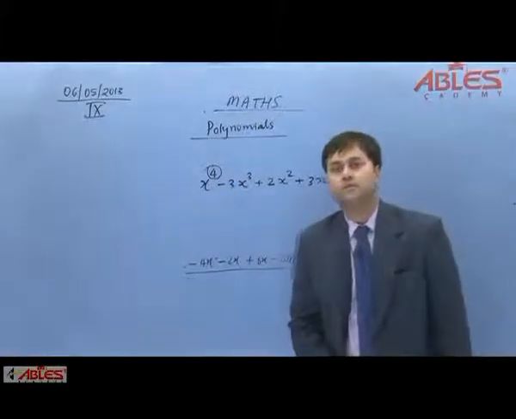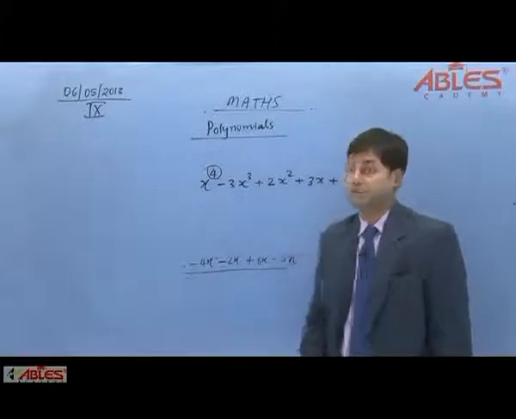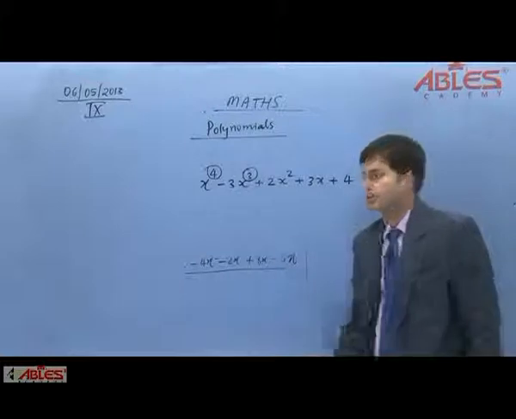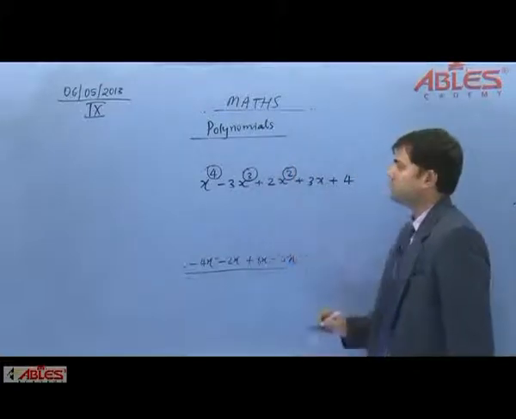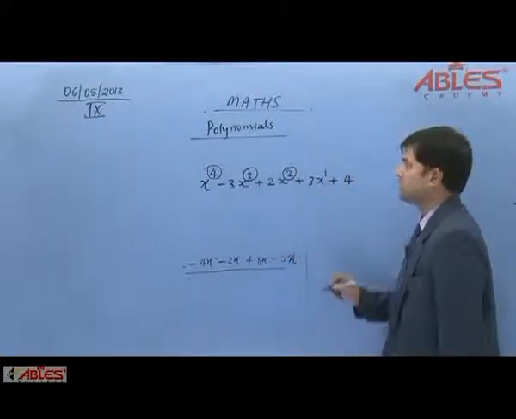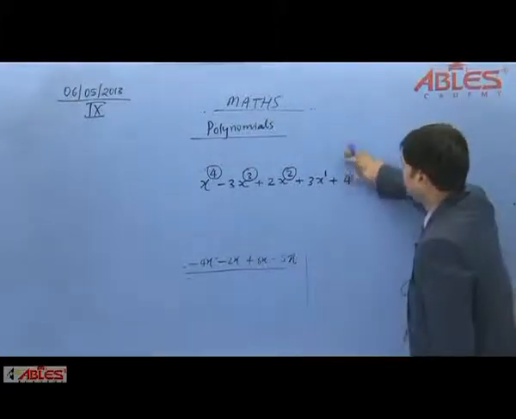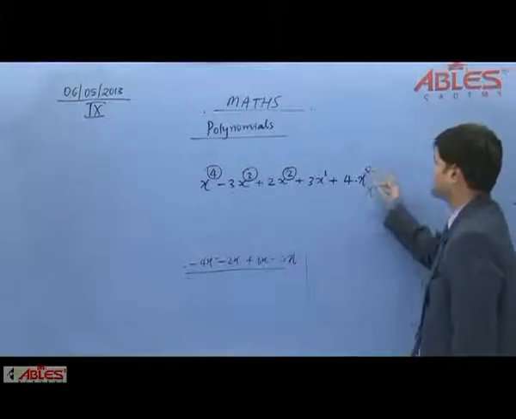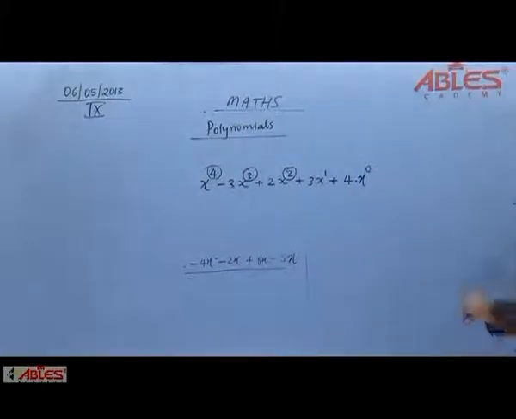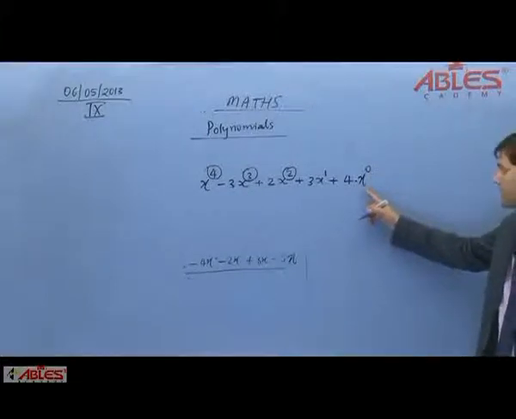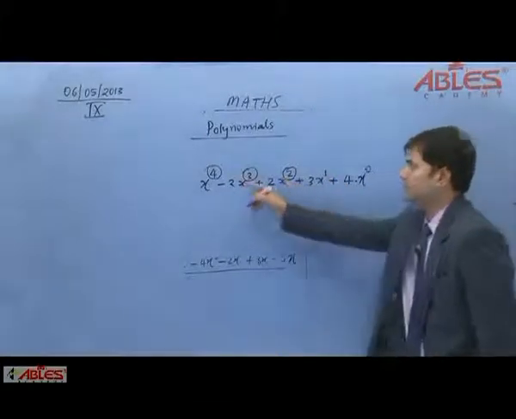So it's x power 4, a positive whole number. This is 3, a positive whole number. 2, a positive whole number. 1, a positive whole number. 0, a non-negative number. This is not exactly 0; we should write it like this, 4 into x power 0.